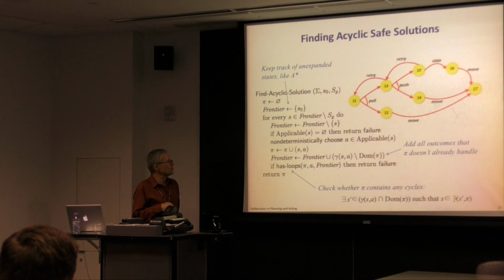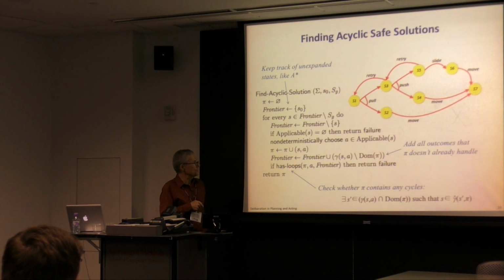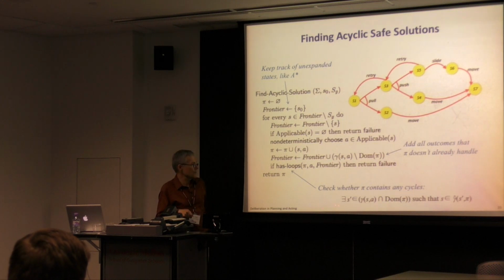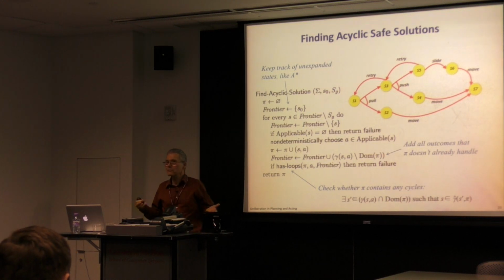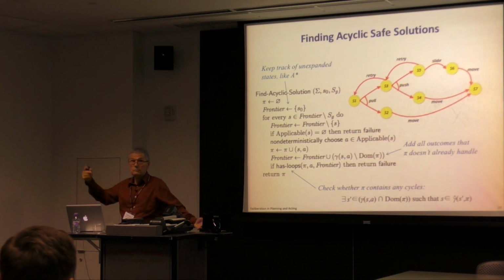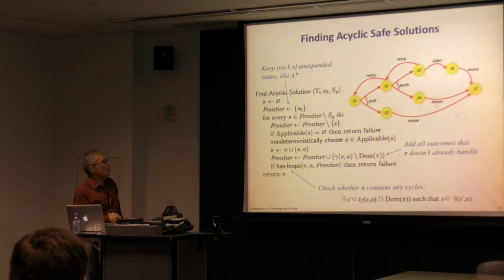And then all of the possible outcomes of that action, the ones that are not already in the domain of your policy, you add those to the frontier as things that you need to plan for. And finally, you check to see whether your policy contains any cycles. This is a complicated mathematical expression, but basically it says, look for whether there's a cycle or not.